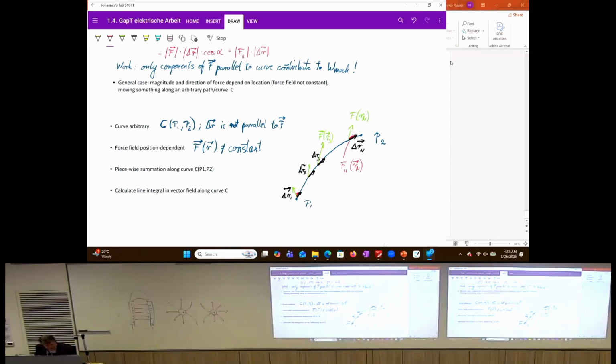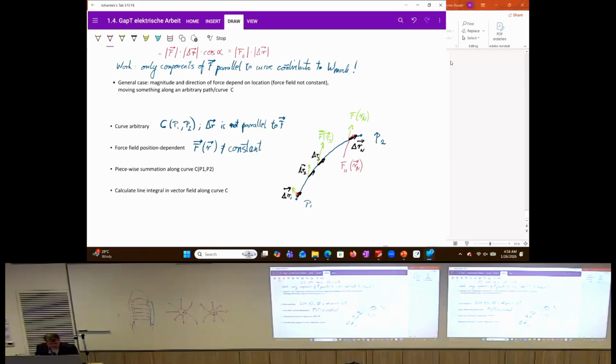For each segment you project the force field so that you get only the component parallel to that line segment, and you add those parallel components up.